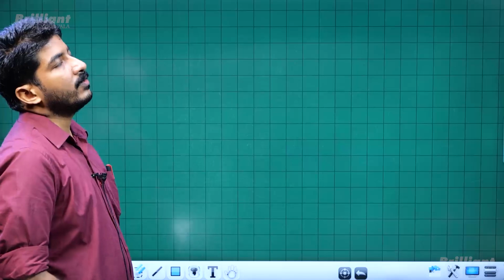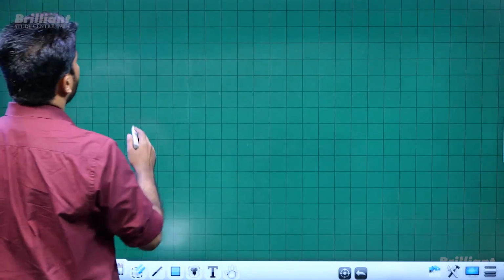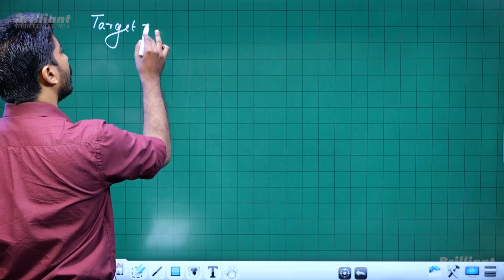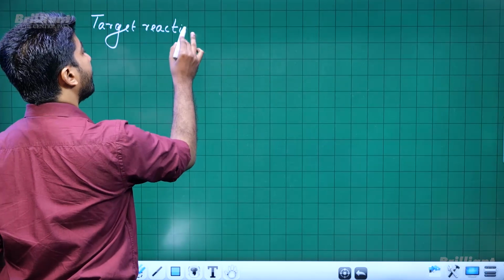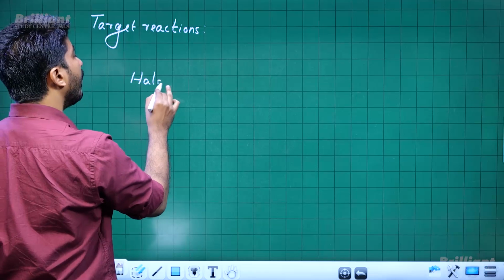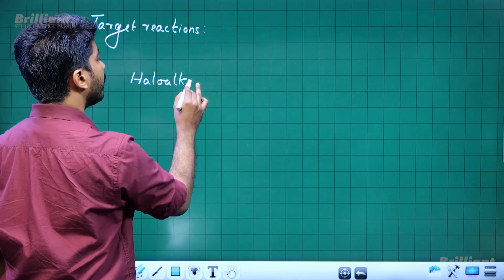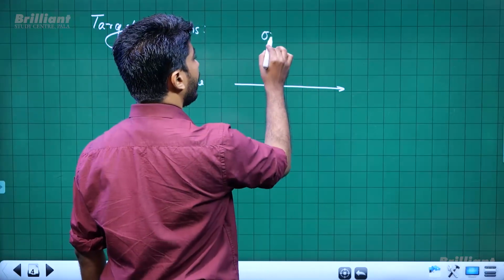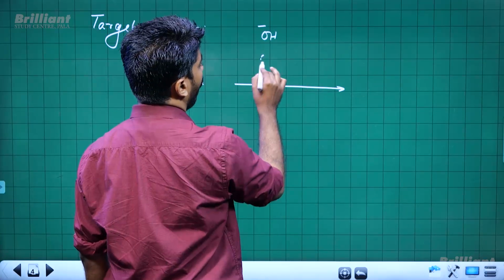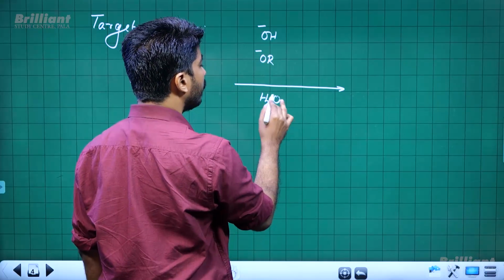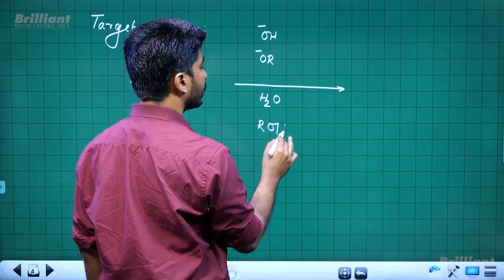In this session, we will be focusing on certain nucleophiles or bases. So the target reactions of this session will be haloalkane reactions with OH minus or alkoxides or H2O or alcohols.